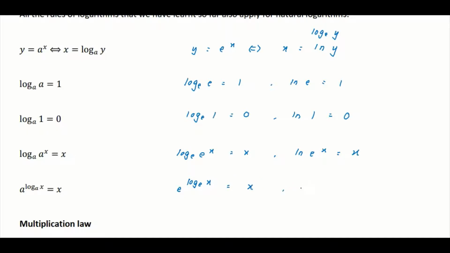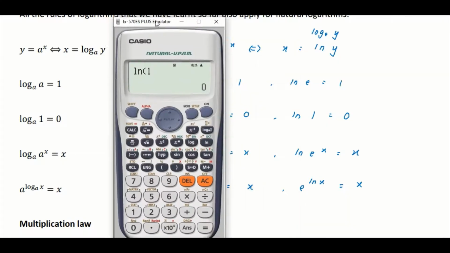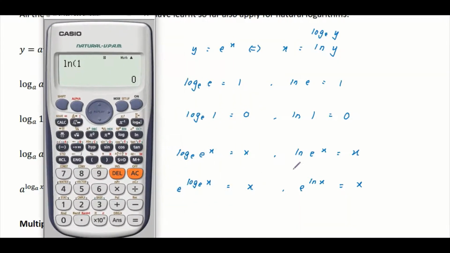So we will have e to the power of ln x gives you x. You can try it out with x equals 2: press shift then e, then e to the power of ln 2. You should get 2 as well.